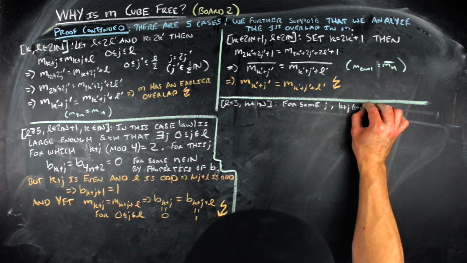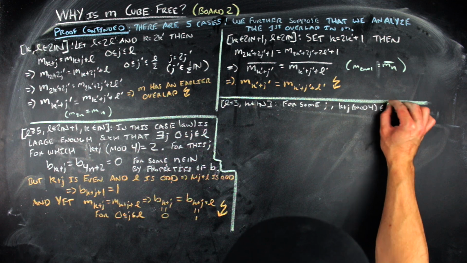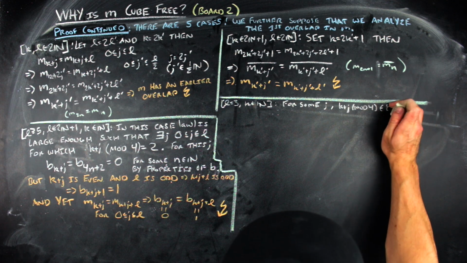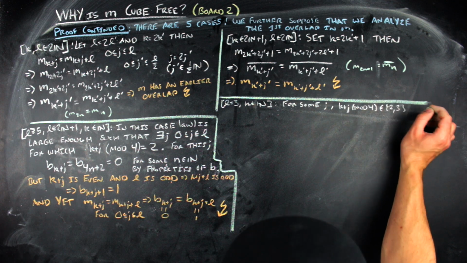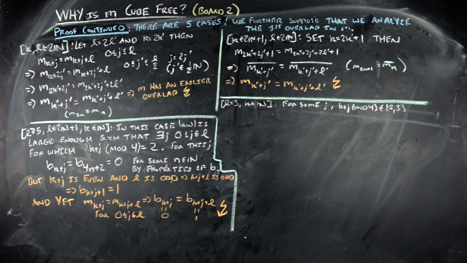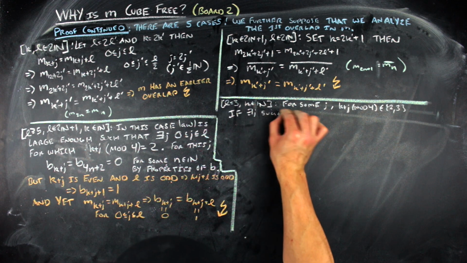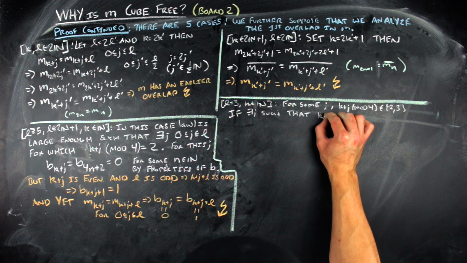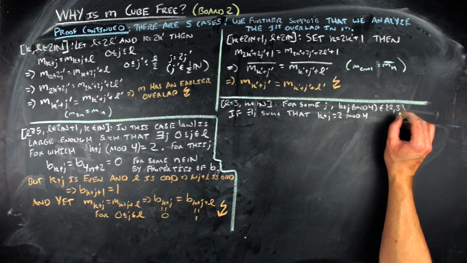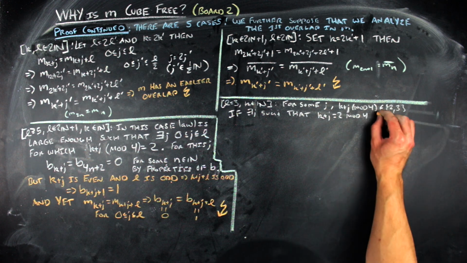In any of those cases, once you've removed the value that's missed from the mod 4 set, you'll have a K plus J mod 4 that is in the set of 2 or 3. Now, if you're lucky, you'll just end up with K plus J equal to 2 mod 4, and then you can apply the argument in the L greater than or equal to 5 odd case. But if that doesn't happen, you have to be slightly more careful.